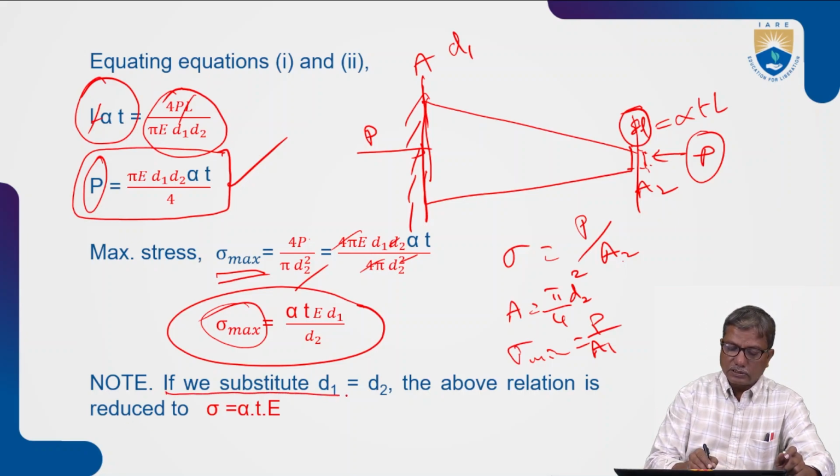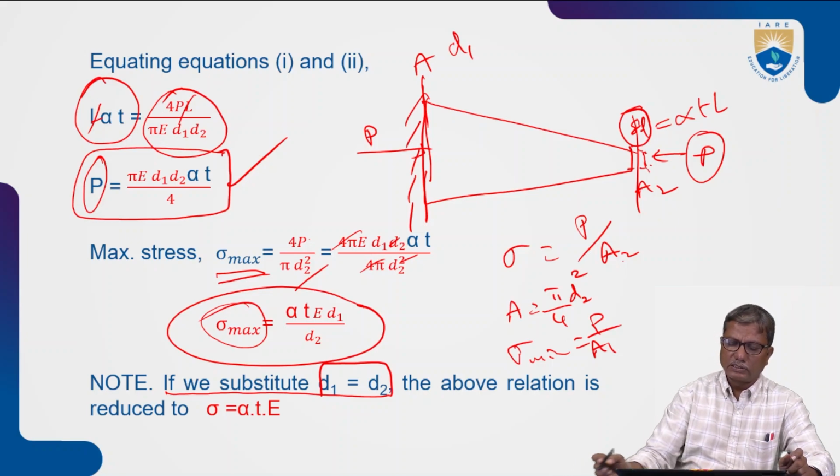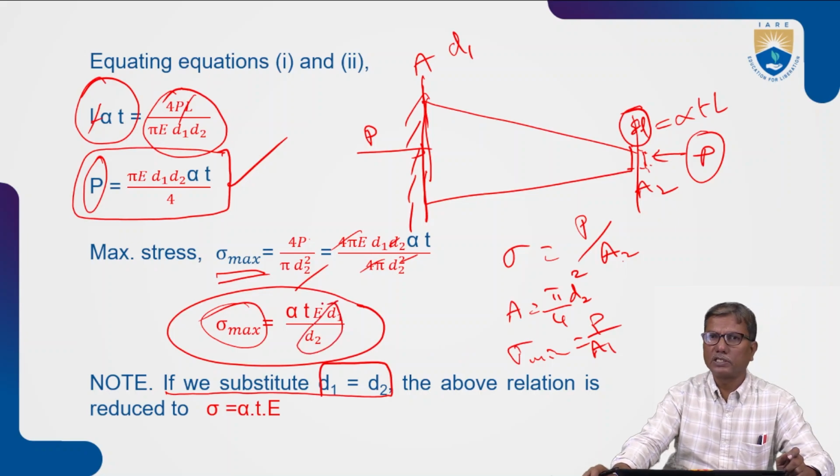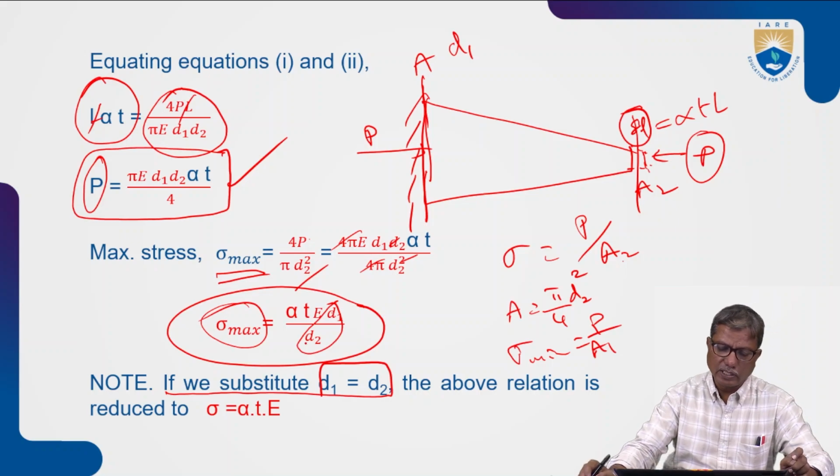And we know that when D1 is equal to D2, the bar will be of uniform diameter. In that case, the stress is given as alpha T E, because D1 and D2 are equal.